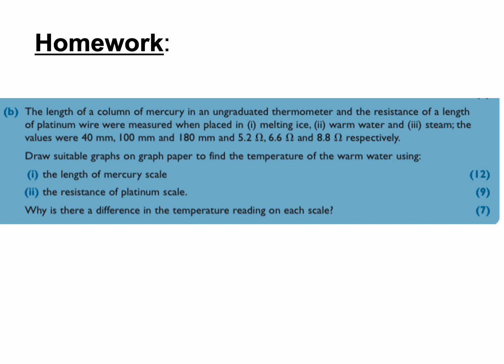So one graph, you're going to have the length of the column versus temperature. Second graph, you're going to have the change of resistance versus temperature, and you're using that graph by connecting the two fixed points to find the temperature at the unknown value in the middle. So exact same question there as you practiced earlier.